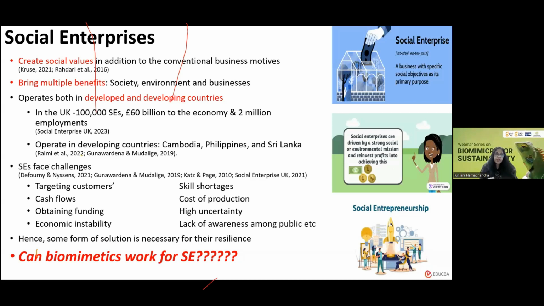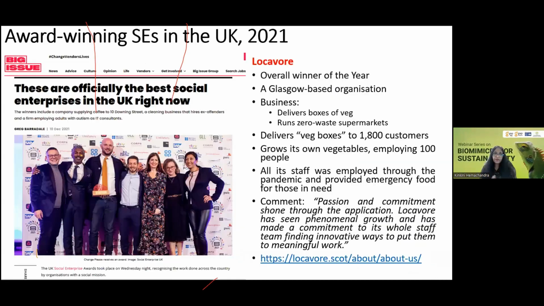For example, targeting customers, bringing cash flow, obtaining funding, economic instability, skill shortages, cost of production, and high uncertainty, especially during periods like the pandemic, crises, disasters, wars, and so on. So in a nutshell, they are struggling to have resilience as well as growth.